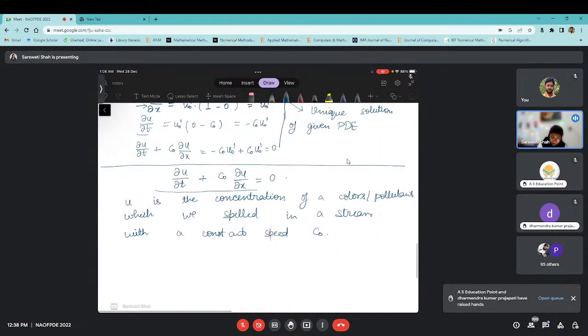And this partial differential equation is also known as the advection equation. Basically, it gives you the evolution of that pollutant with respect to time and also space, which flows from left to right with the speed c naught. Why did I mention that it is flowing from left to right? The reason is that c naught will be positive when it moves from left to right.